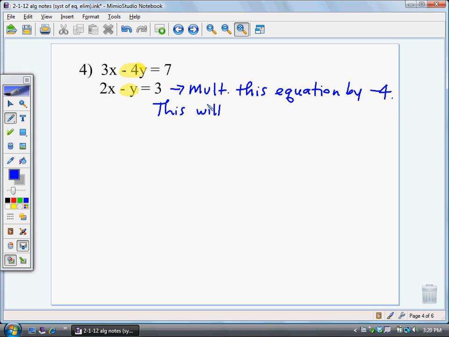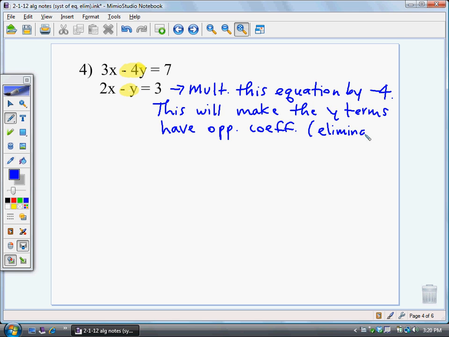This will make the y terms have opposite coefficients, and then therefore you would eliminate the y term.